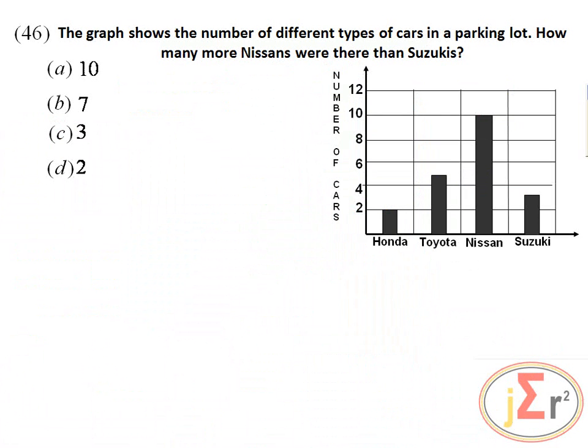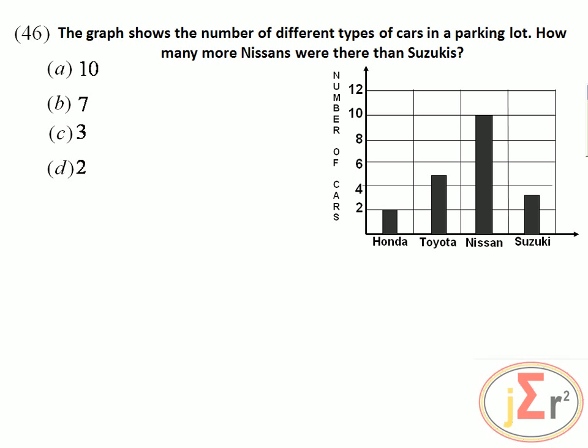The graph shows the number of different types of cars in a parking lot. How many more Nissans were there than Suzukis? 10. Well, Jerry is saying it's 10, but Jerry is just looking at the number of Nissans.